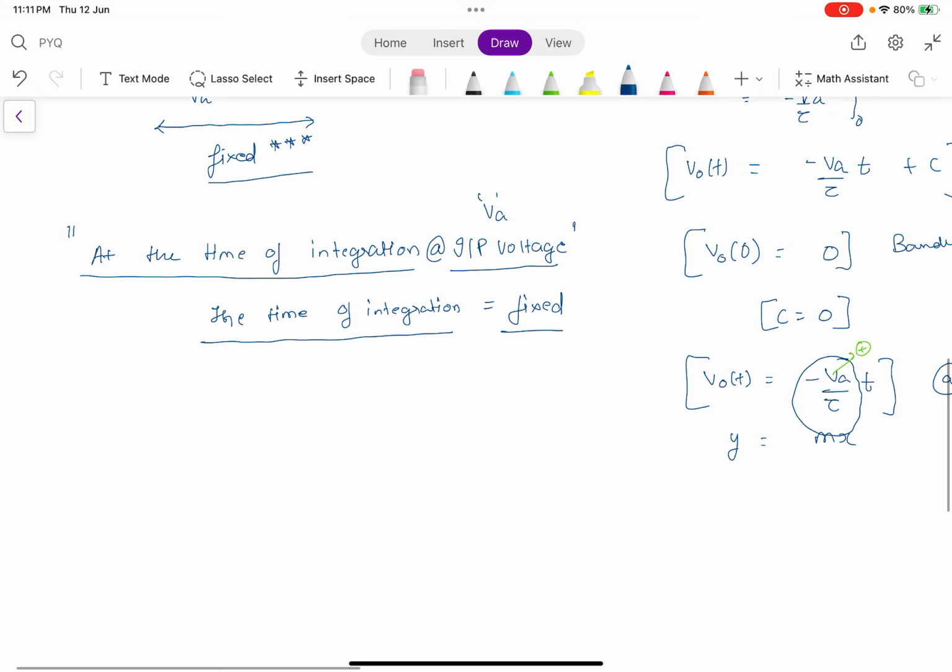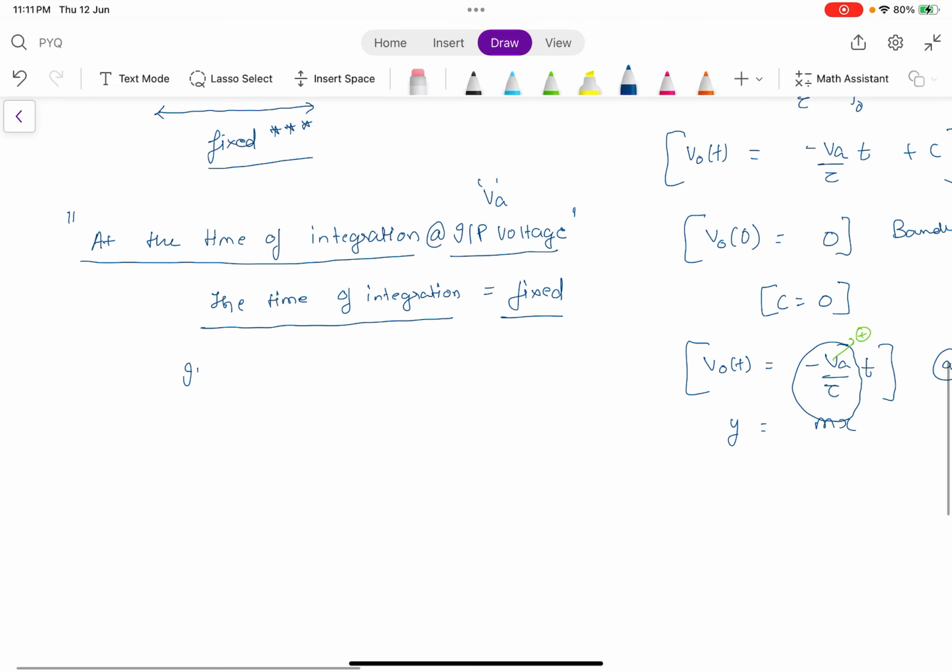This is your important point: it only depends upon the number of bits in the up counter, that is n. I hope you got this point.